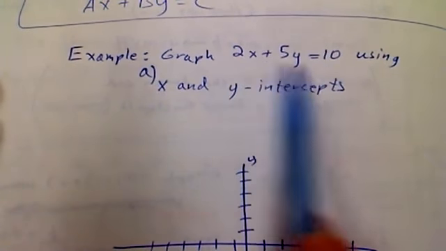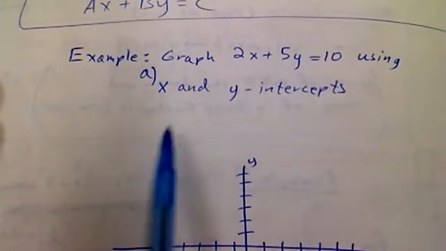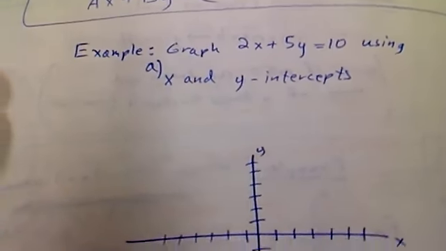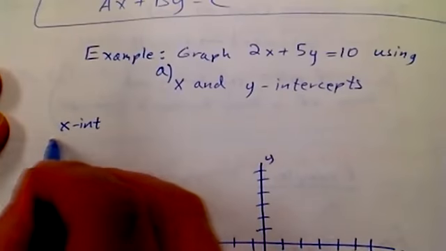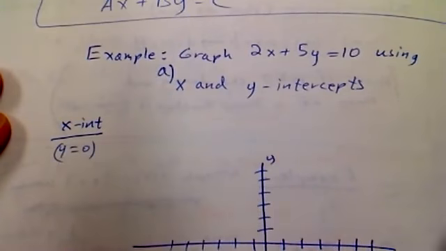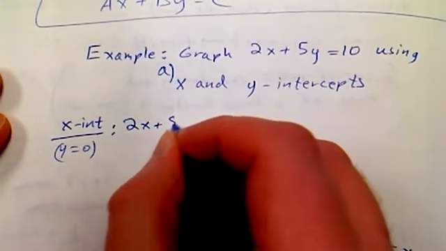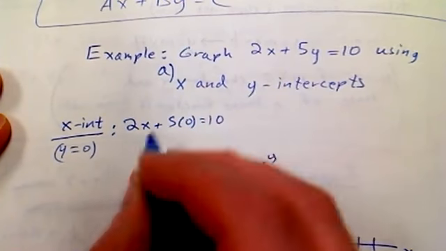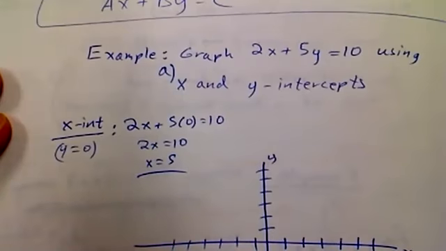When your function is in a form like this, when it's implicit, it's usually easier to use x and y intercepts. Reason being is, if I'm looking for the x-intercept, recall that that means when y is equal to 0, when we're crossing the x-axis. So that would tell me that 2x plus 5 times 0 equals 10, 2x equals 10, or x equals 5.